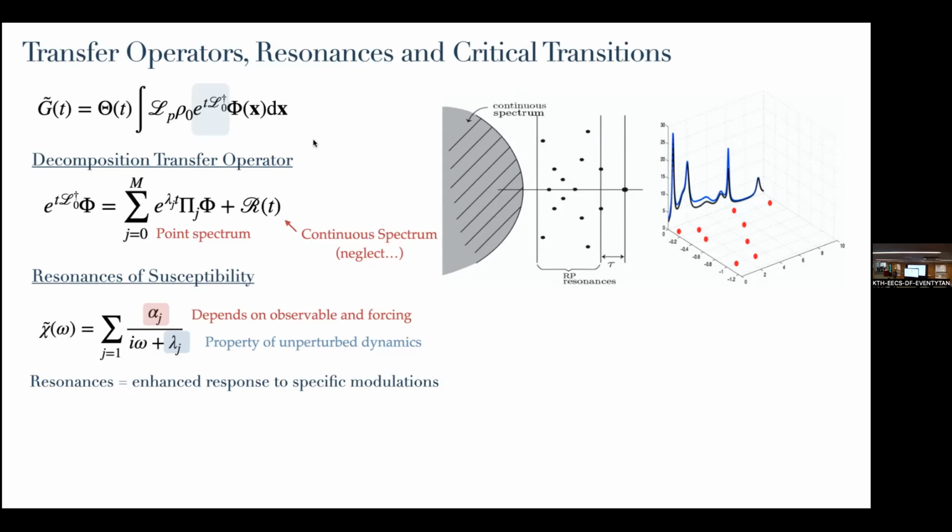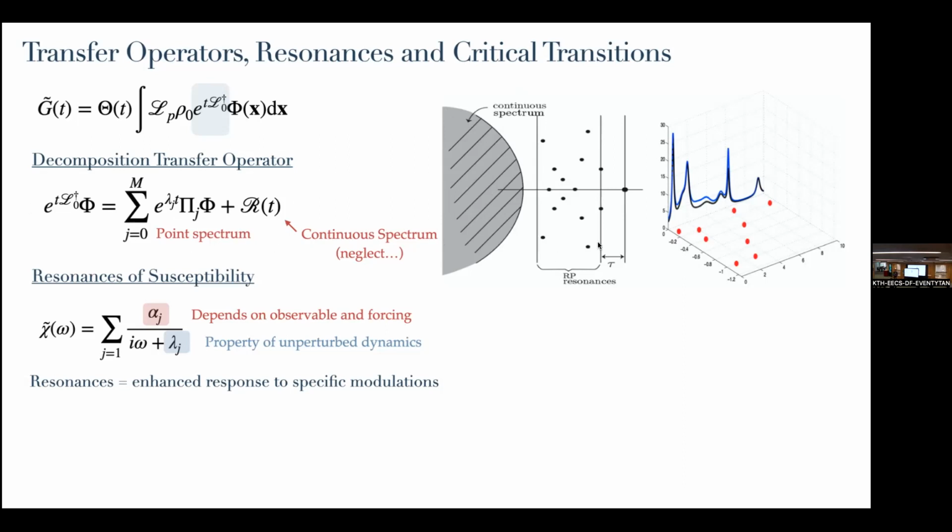And it's been realized that the properties of the Green's function can be decomposed in terms of spectral properties of this transfer operator. And in general, this transfer operator, this Koopman operator, has a point spectrum and a continuous spectrum. The continuous spectrum usually in application is neglected, while the point spectrum has a direct one-to-one physical correspondence with physical properties that you observe.